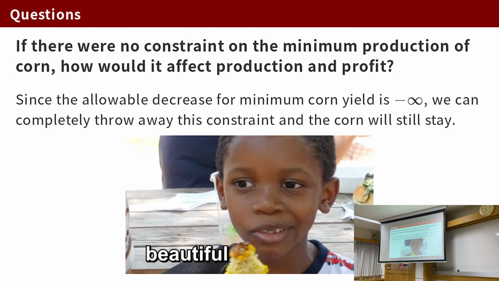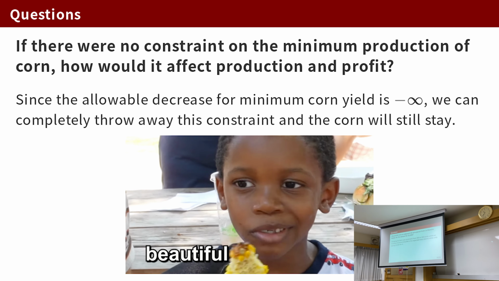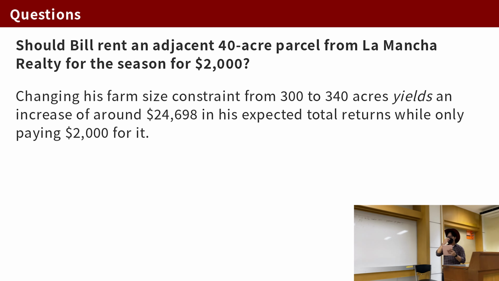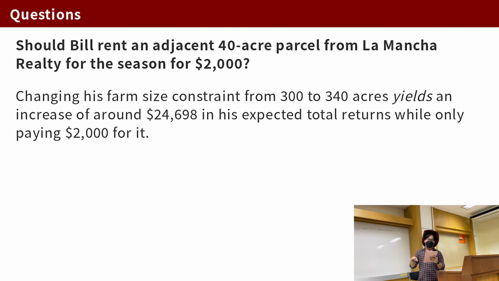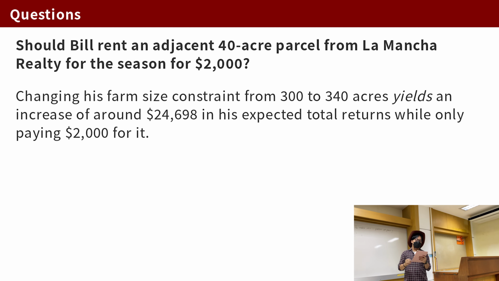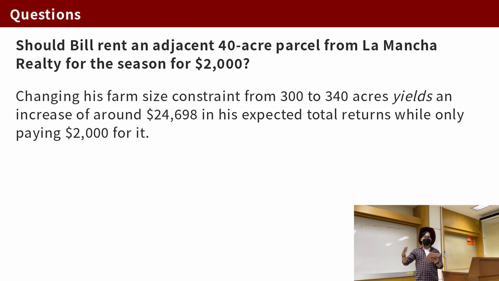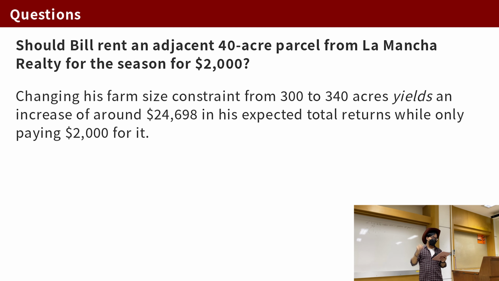It's a beautiful thing. Anyway, the last problem is, should Bill rent an adjacent 40-acre parcel from La Mancha Realty for the season for $2,000? In order to solve this, we have to change the farm size constraint, because the allowable increase is about 18 acres, but we're trying to find out if 40 acres is worth it or not.